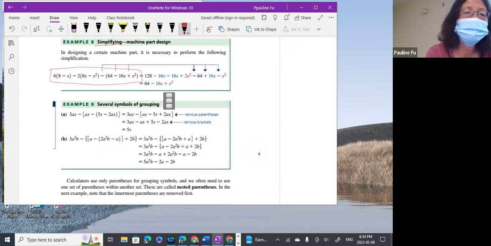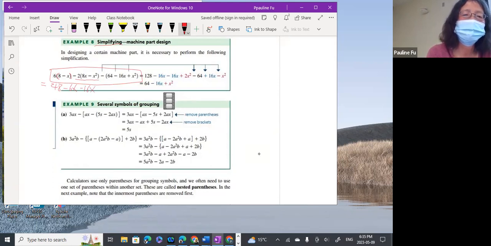First, you take away this bracket. So 6 times 8, 48. Then 6 times x, 6x, right? Then you do this one, negative 16x.